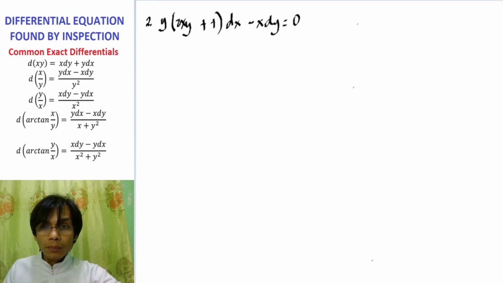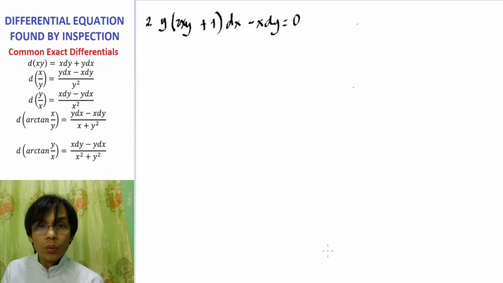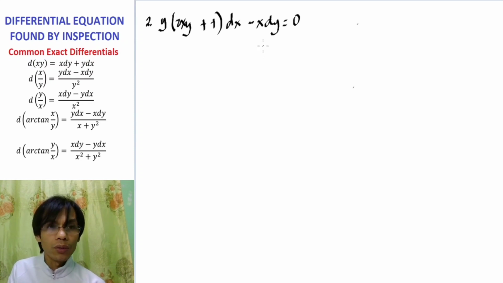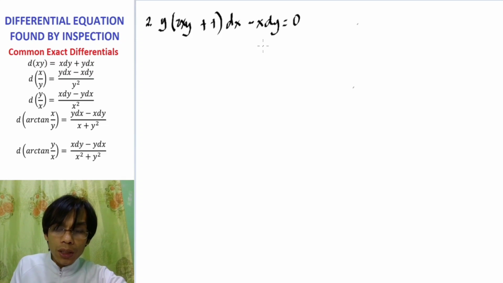Okay, for example number 2, if we have here y times the quantity (2xy plus 1) dx minus x dy is equal to 0. So the first thing we have to do, of course, is to distribute.